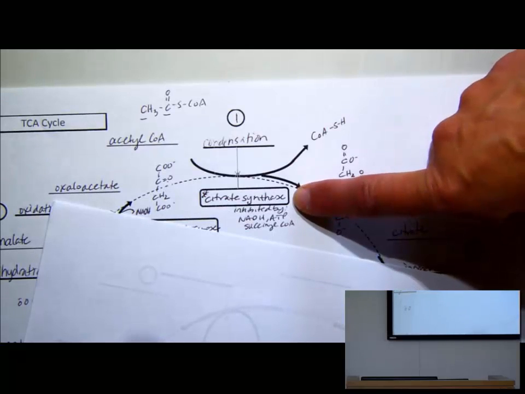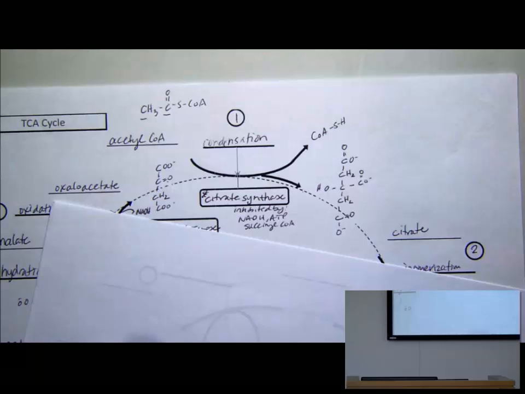And I have what it's inhibited by. It's inhibited by our money molecules, NADH, ATP, and then a downstream product. Citrate synthase is the word, inhibited by NADH, ATP, and succinyl-CoA.